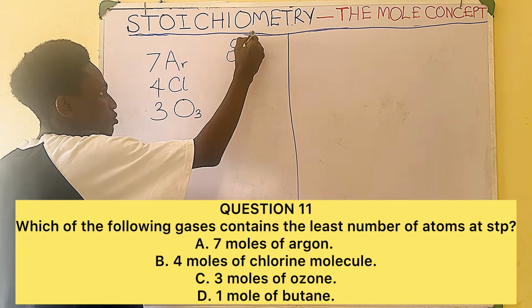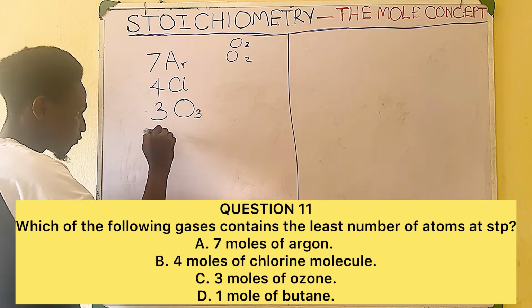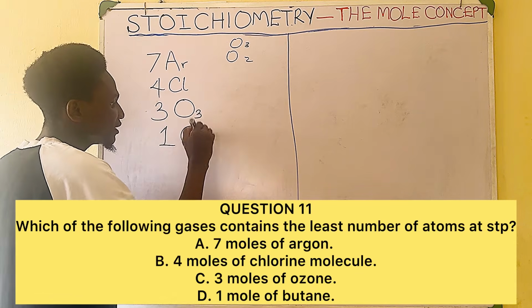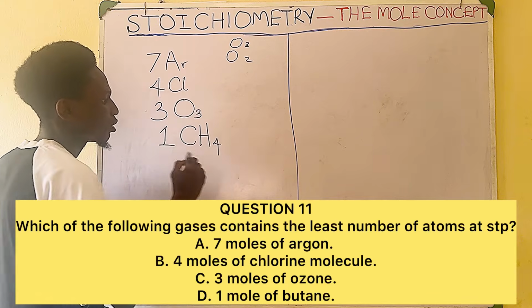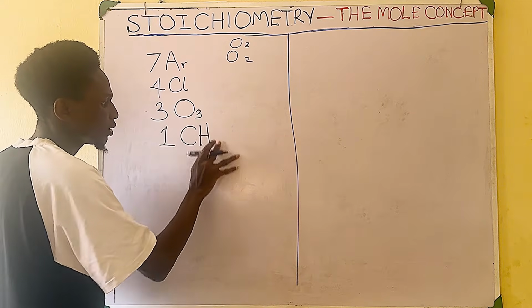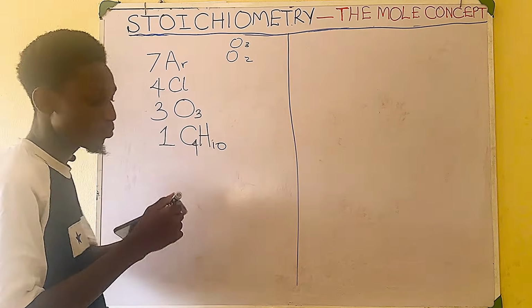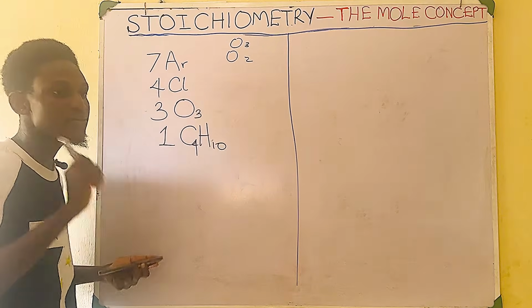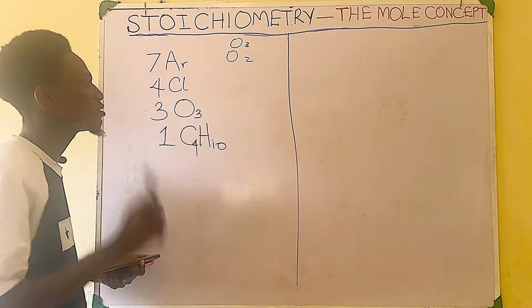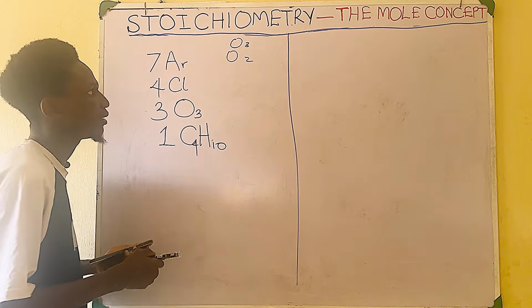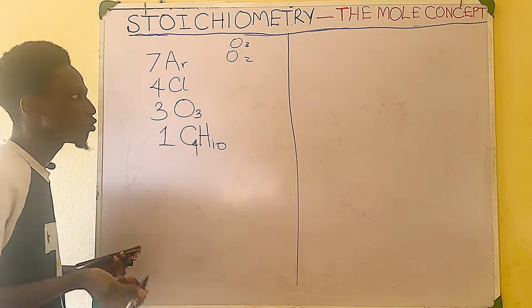They are allotropes. Now we have 1 mole of butane. What is butane? Butane is CH4 from organic chemistry. Sorry, not CH4, that's methane. Butane is C4H10. So methane is C1, ethane C2, propane C3, butane C4H10.